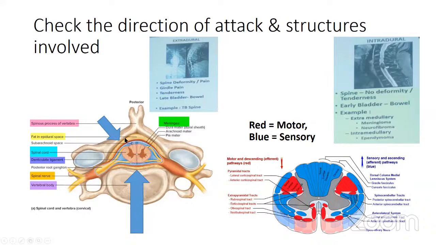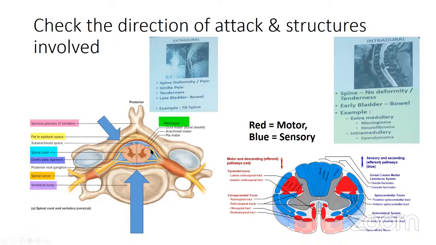If it is an intradural lesion, with compression from the center, there is no geographical localization of the pain, isn't it? There is no geography, because from this area it cannot be stamped that it will give a specific dermatome.